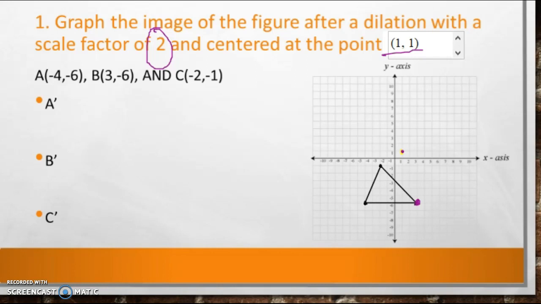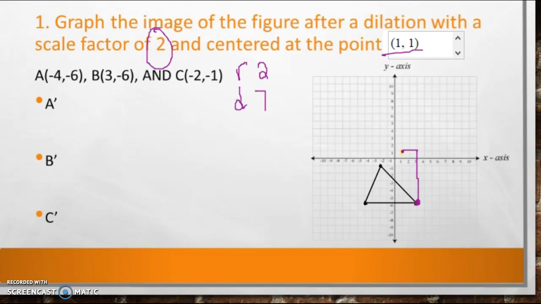So I'm going to go over 2 to the right, and then down 7. So my original distance from the center is 2 to the right and down 7.